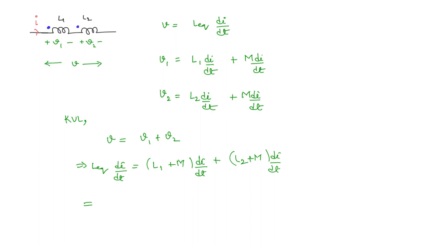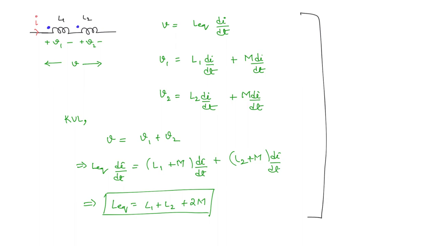So di by dt will be cancelled and you're going to get L equivalent is equal to L1 plus L2 plus 2M. This is the equivalent inductance for the inductors when the dot polarity is like this. Now what if the dot polarity is reversed? So this is case 1, the additive connection.